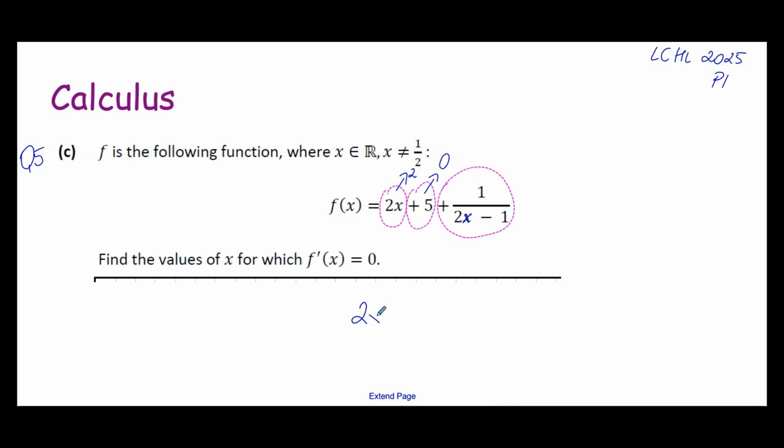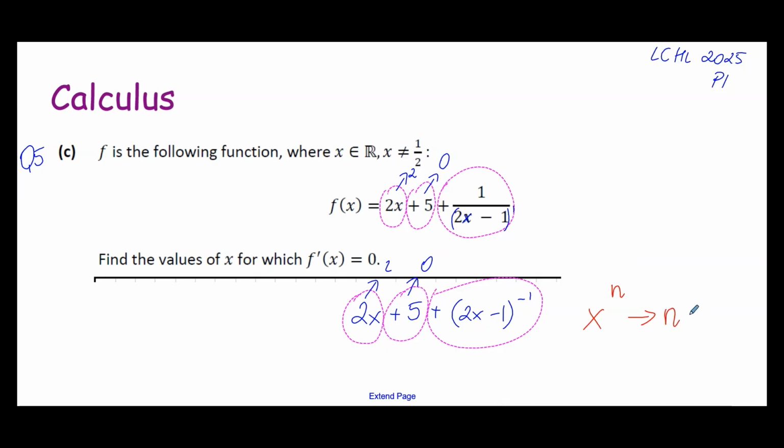So we can write this function as 2x plus 5 plus, and we take that to a negative power, (2x minus 1) to the power of minus 1, because that power here is 1. And that does make it easier for us to differentiate. So again, we know those are the three elements. Here the derivative will be 2. Here that will go to 0. And here what are we going to do? We're going to apply the formula for x to the power of n.